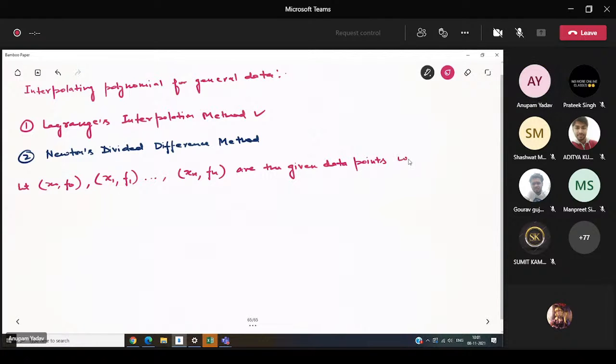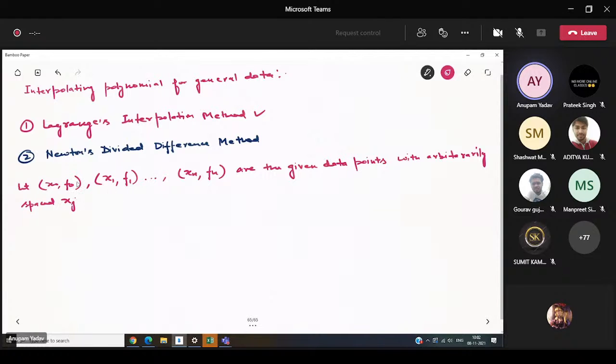with arbitrarily spaced xj. Means it's not necessary that x1 minus x naught and x2 minus x1 is same.